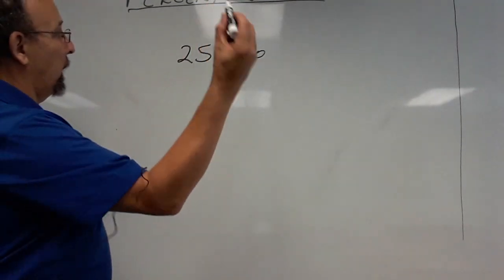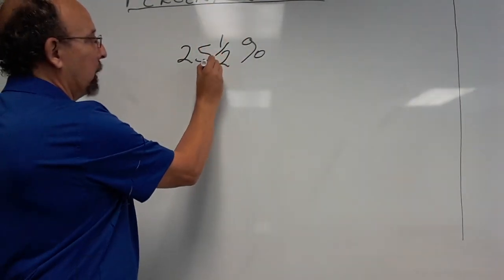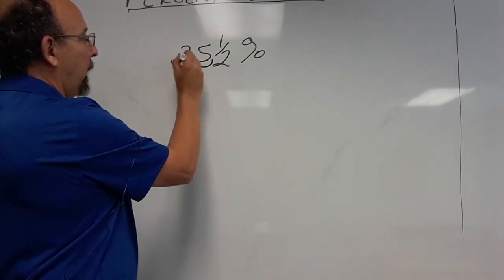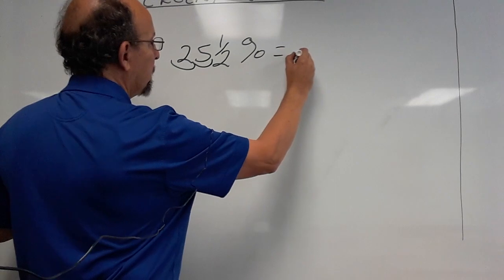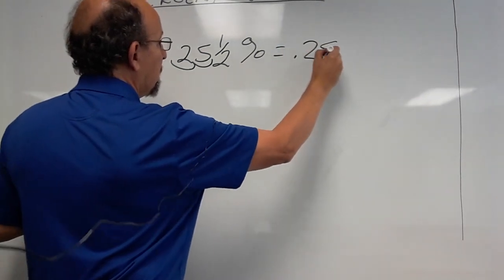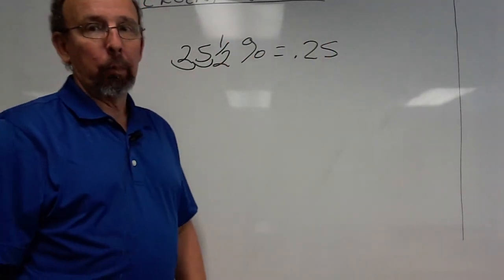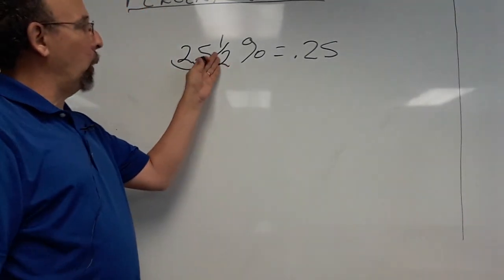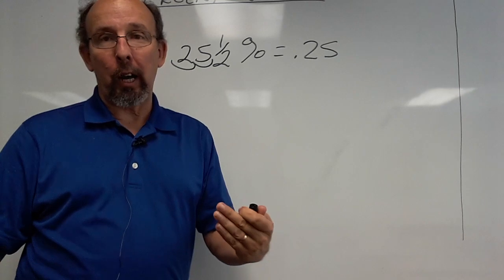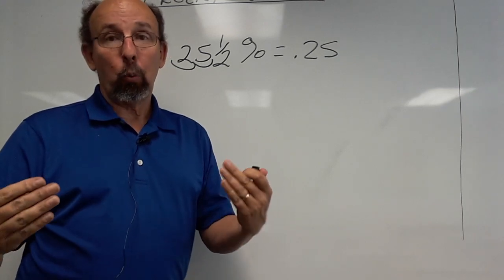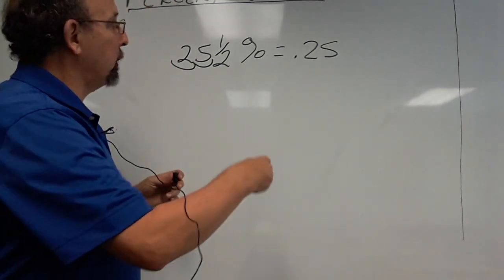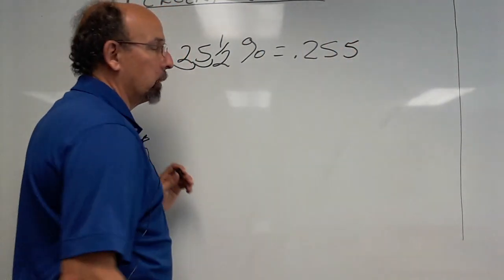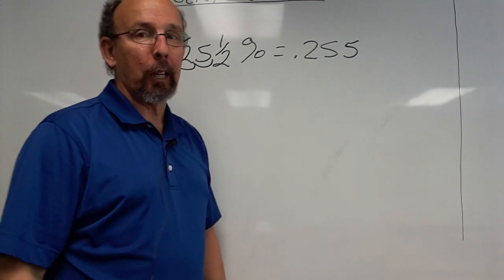I start at the end of the whole number. I move 1, 2 places, so I have my 0.25. But then I got to get that half in there. Well, if the students know their decimal fraction chart, they know that 1/2 is the same as 0.5, correct? 1/2 is 0.5. All they do is add that 5 on the end. Don't worry about the decimal, just add the 5 on the end.